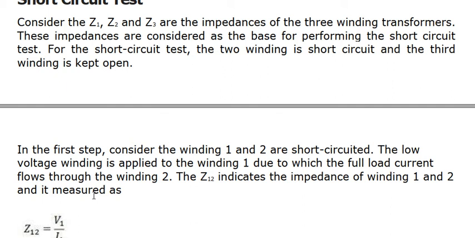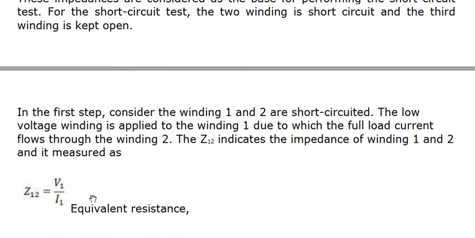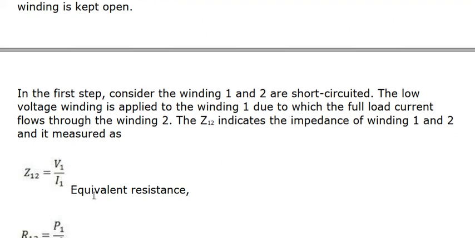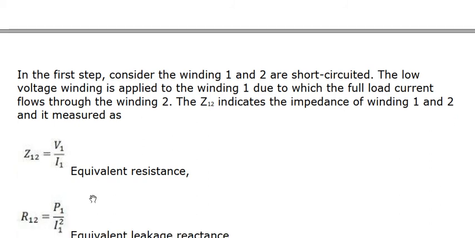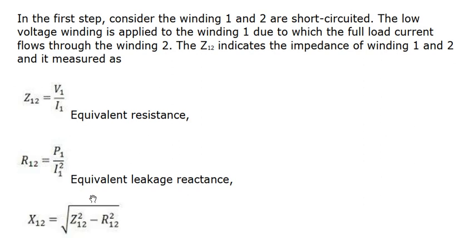A low voltage is applied to winding 1 due to which the full load current flows through winding 2. Z12 indicates the impedance of windings 1 and 2 and is measured as Z12 is equal to V1 upon I1.